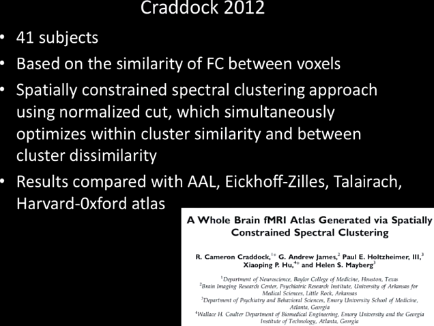In subsequent years, people said, okay, how can I come up with a better clustering algorithm or do something slightly different to define my clusters based on resting state fMRI data. A paper by Cameron Craddock came out in 2012, and this measure was based on the similarity of functional connectivity between voxels in the brain.